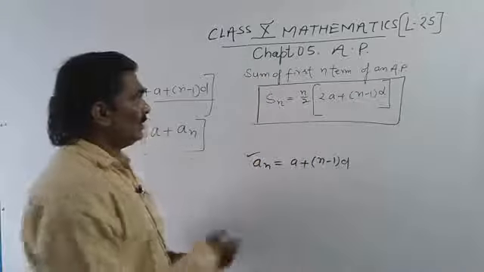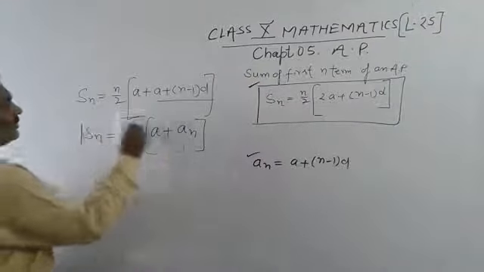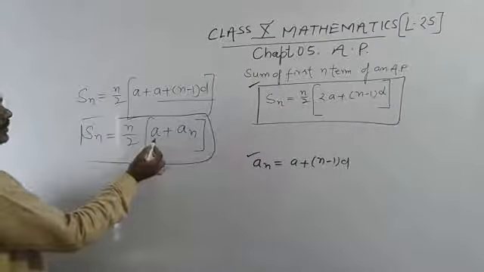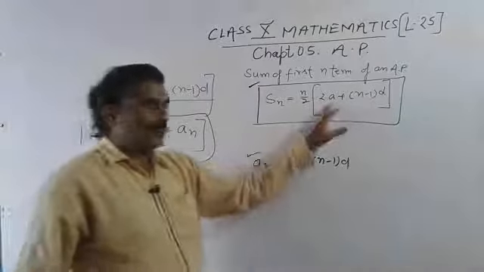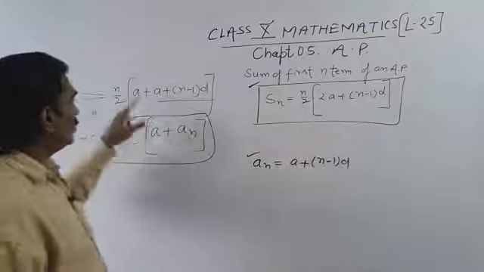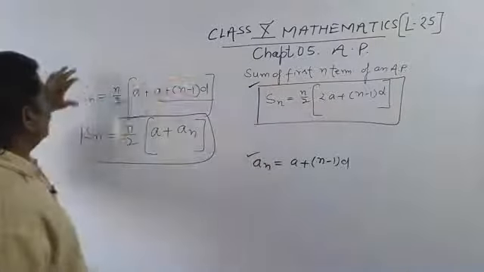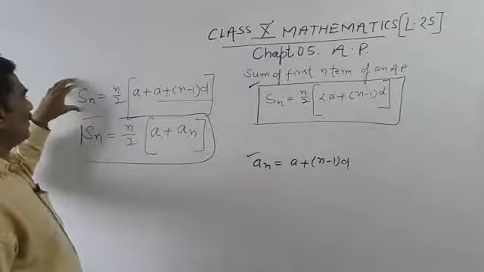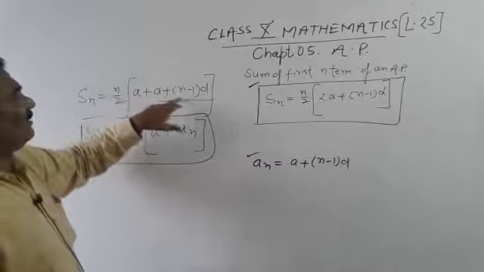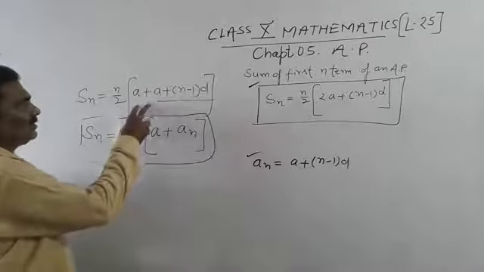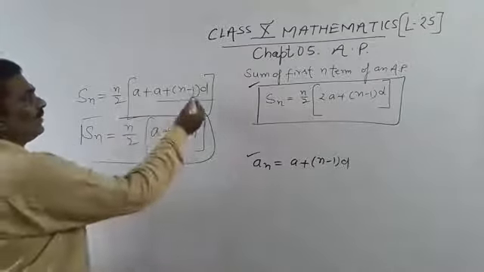This formula can be written as Sn is equal to n upon 2 into a plus an. Here 2a can be written as a plus a, so the formula becomes Sn is equal to n upon 2, a plus a plus n minus 1 into d.